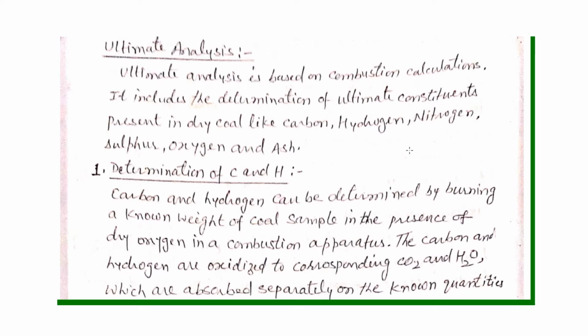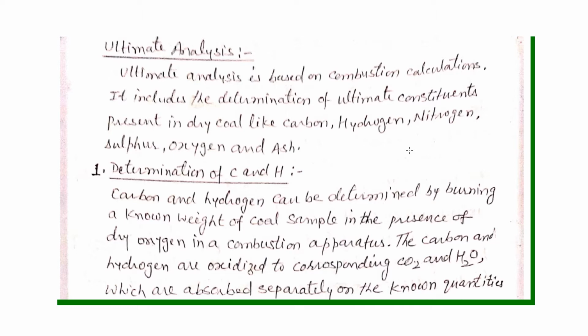Today we are going to discuss the ultimate analysis of a fuel sample. The ultimate analysis is based on combustion calculation. That means in this method we are going to analyze a solid fuel, for example coal, to determine its quality.